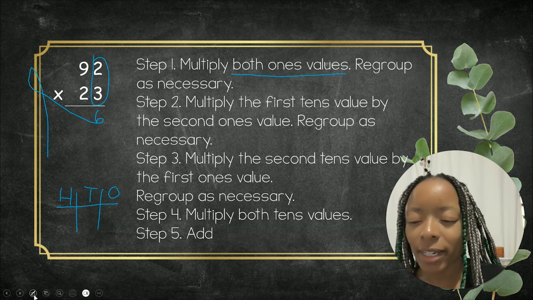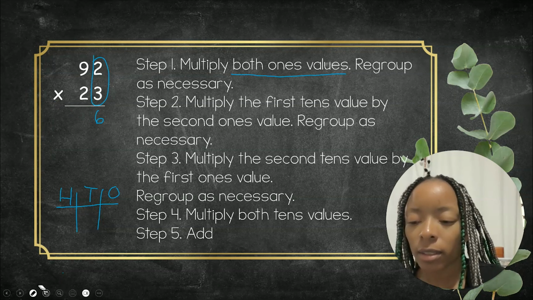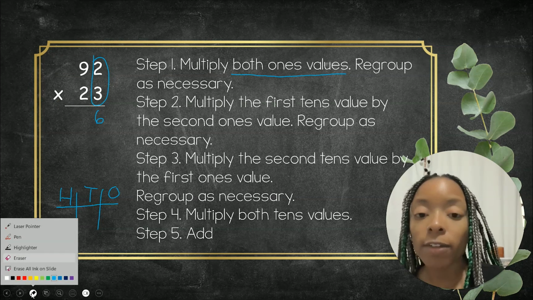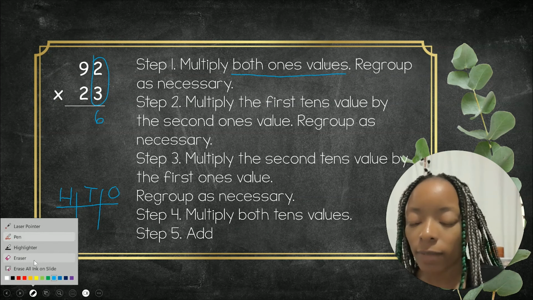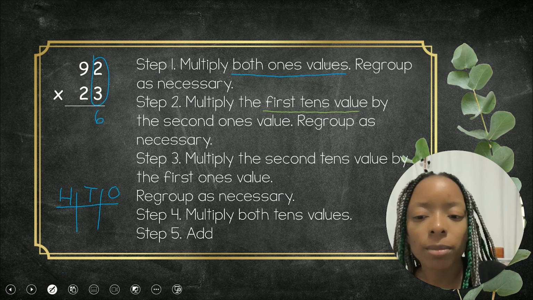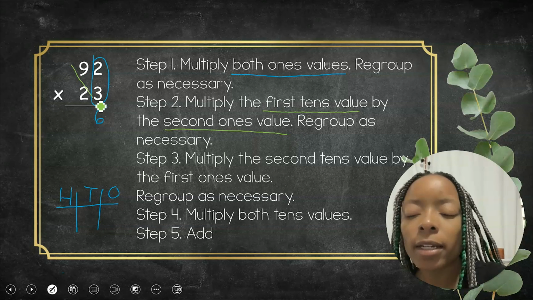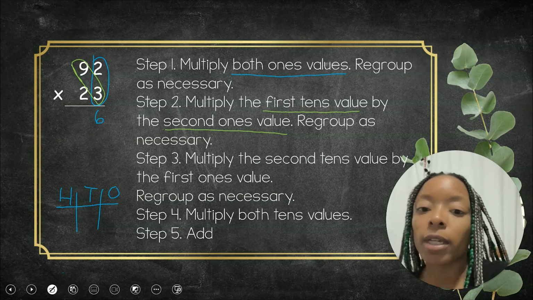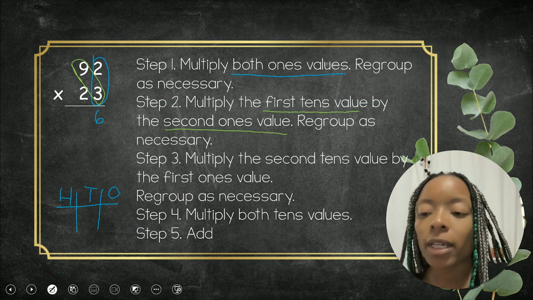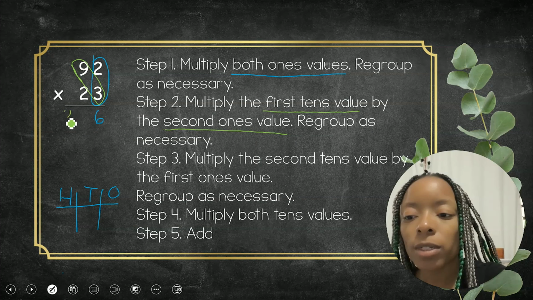Our next step is going to be to multiply the first tens value by the second ones value. So first tens value, the second ones value. 9 and 3. 9 times 3 is 27. There's nothing in our hundreds place, so we don't need to regroup.